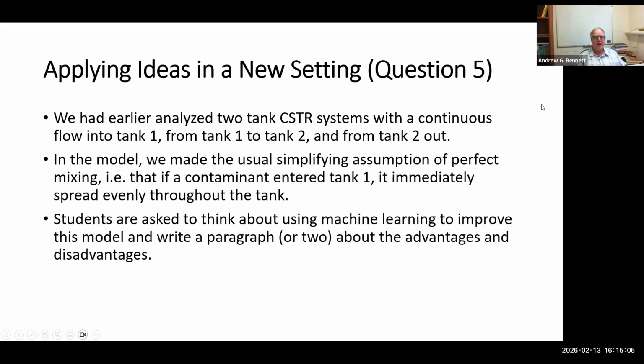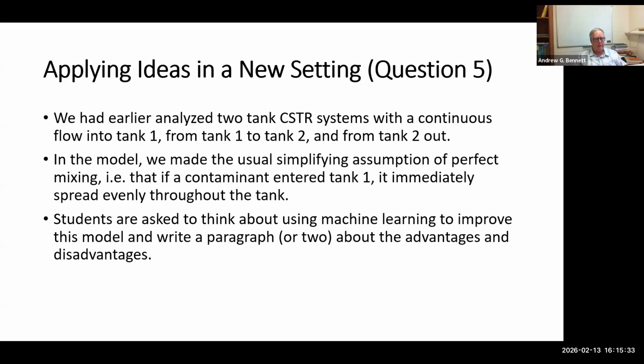So the final question we ask them is to say, okay, you're an engineer. One of our examples is a two-tank continuous stirred tank reactor system where things flow into one tank, they get mixed up, then they flow into a second tank, then they flow out. Here in Kansas, we talk about ag runoff and how you use holding ponds, which is the same sort of setup.